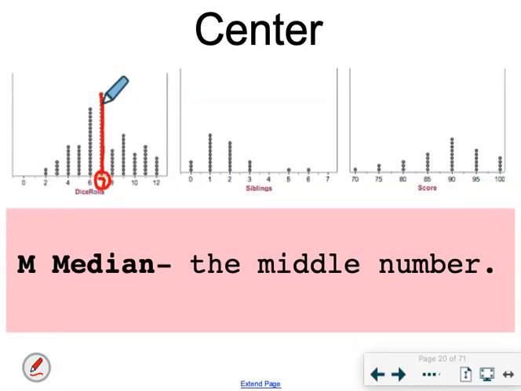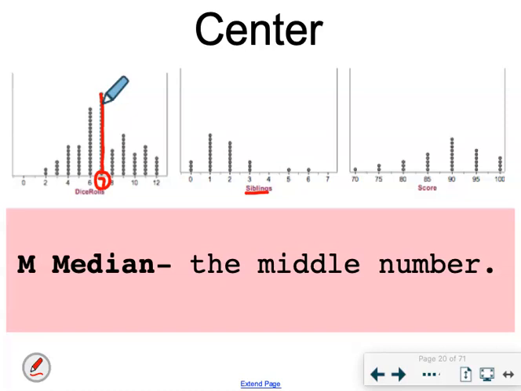Okay, there's a little bit more of a precise way to look at it. We could look at how many dots there are. We can cut that in half. So there should be 26 dots here in this one, the one about siblings. So if you cut 26 in half, you get 13.